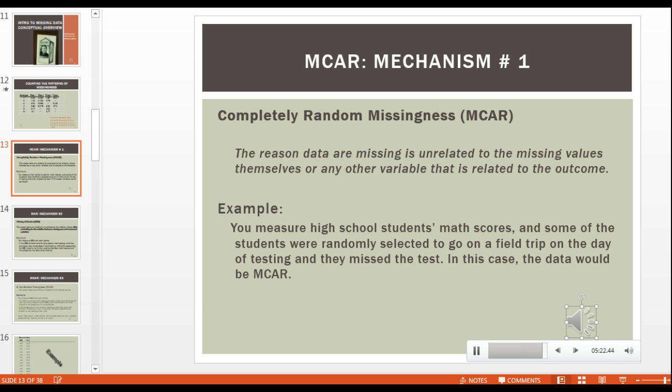You could use that method in cases of MCAR, and you wouldn't have biased results. So MCAR means missing completely at random, and this is the idea that the reason for the missingness is not related to any variable either measured in the study or unmeasured in the study. If there is an association, then that is a different mechanism, which I'll describe in following segments.